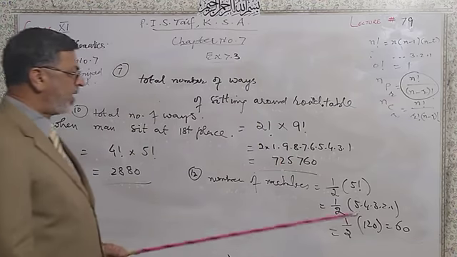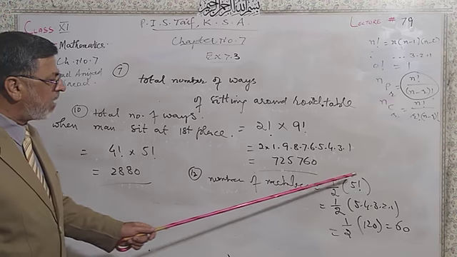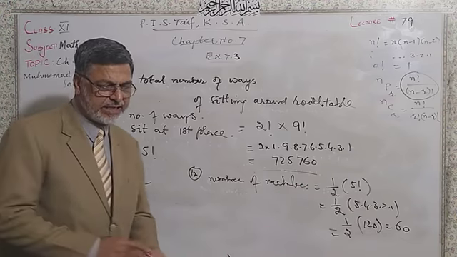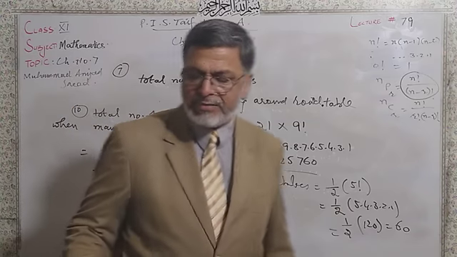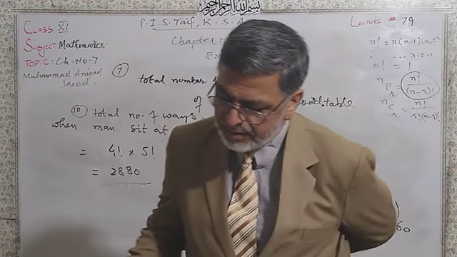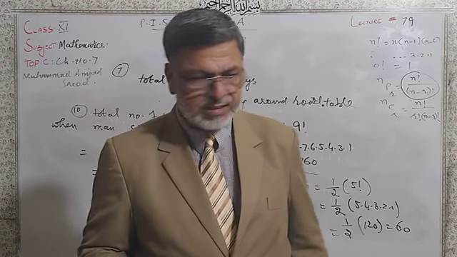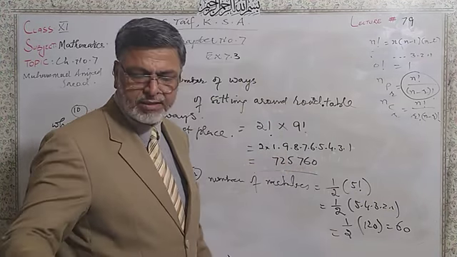So that's why I am taking half into 5 factorial, that is 1 over 2 into 120, that is 60. So in this way we can make 60 necklaces by this way.